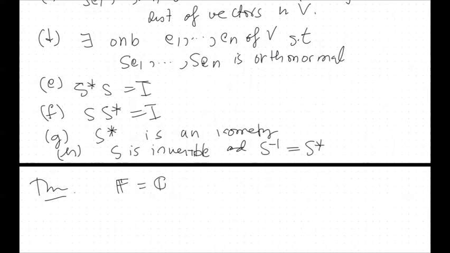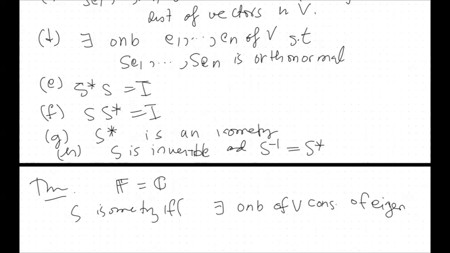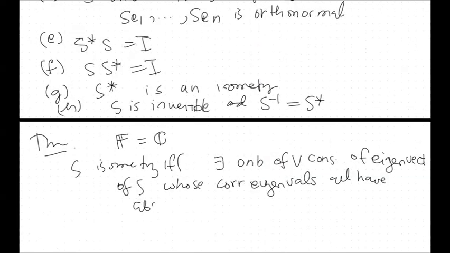For F equal to C, S is an isometry if and only if there exists an orthonormal basis of V consisting of eigenvectors of S whose corresponding eigenvalues all have the absolute value 1.